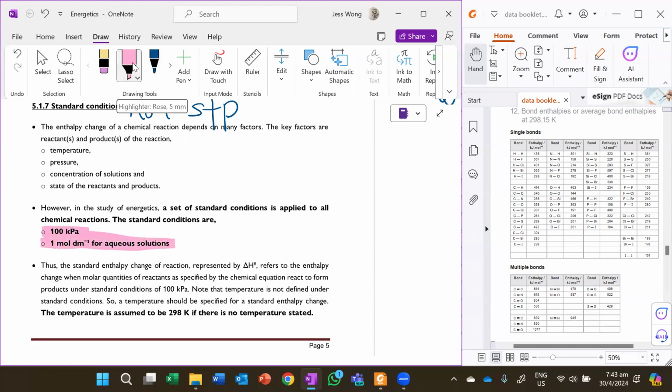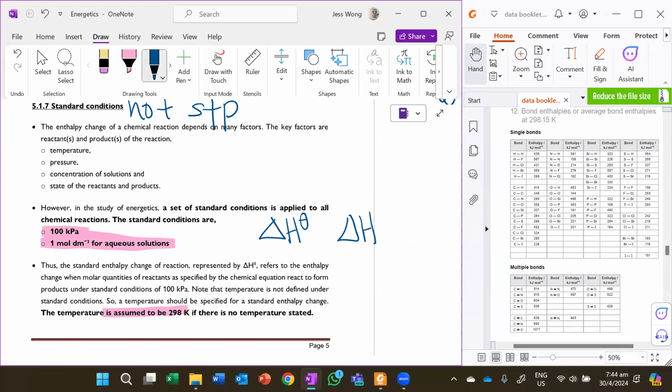And even though temperature is usually not stated, we will assume it to be 298 Kelvin. So if the reactions are carried out under standard conditions of 100 kilopascal, 1 mole per dm cube, and 298 Kelvin, then the delta H will carry the symbol theta. So you have a delta H with a theta versus a delta H.